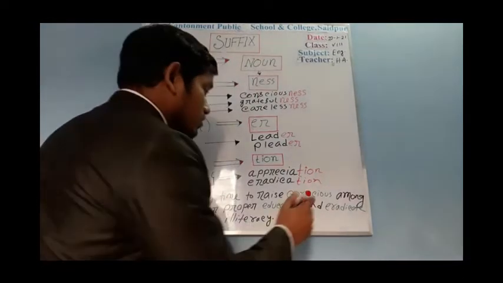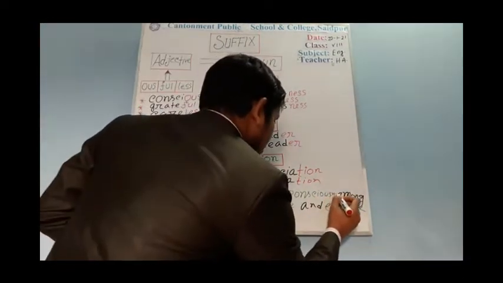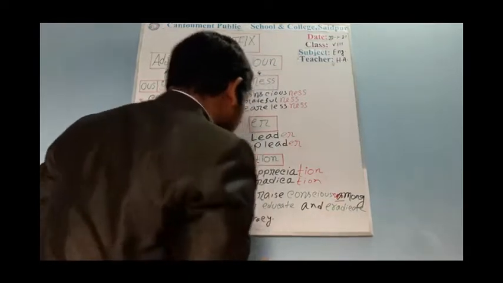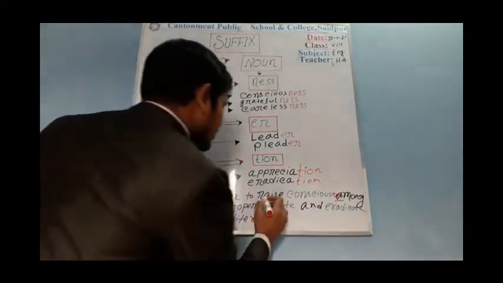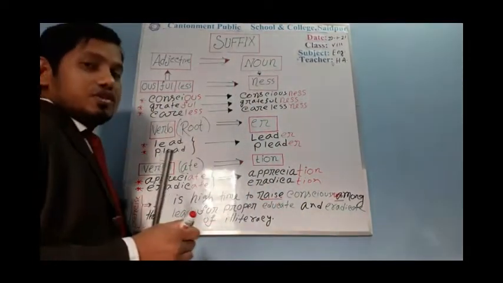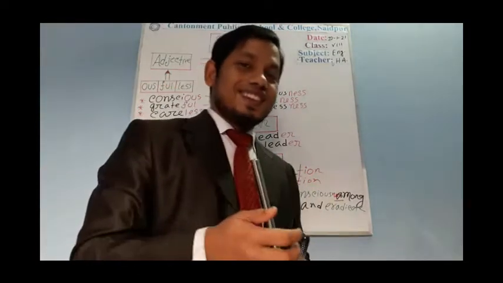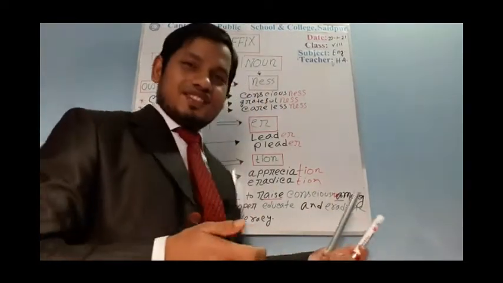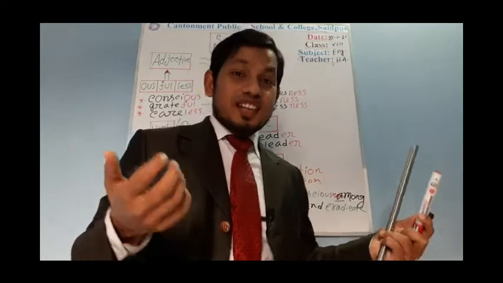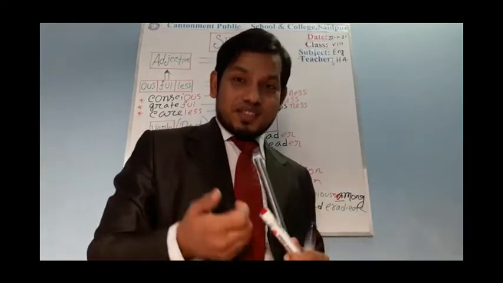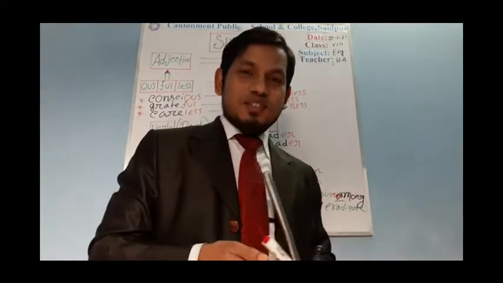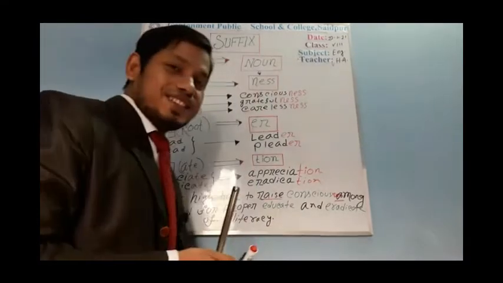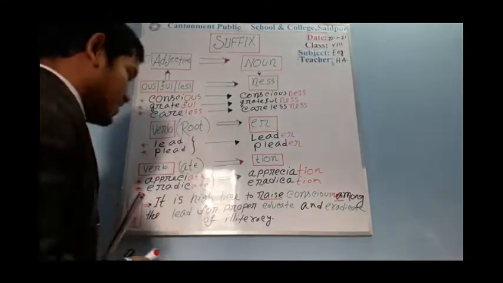We should use consciousness, because the word is "raise consciousness." Raise is a verb, and after a verb we should take a noun. That's why consciousness, which means awareness, awareness among the people, because the time is very serious for the pandemic COVID-19.